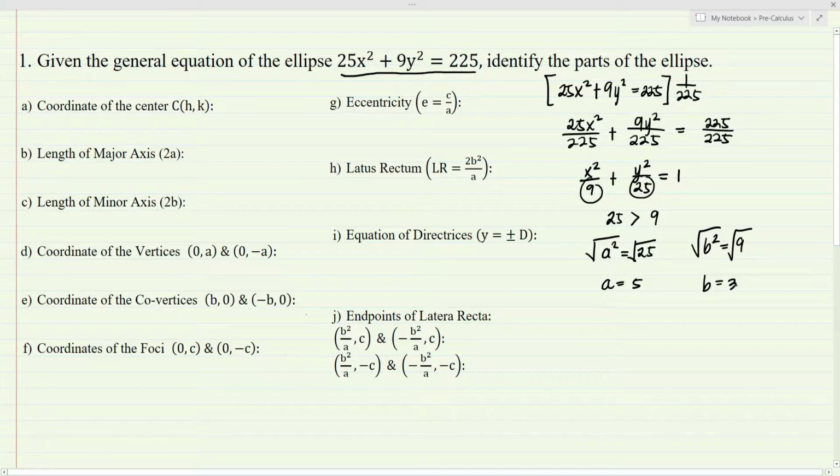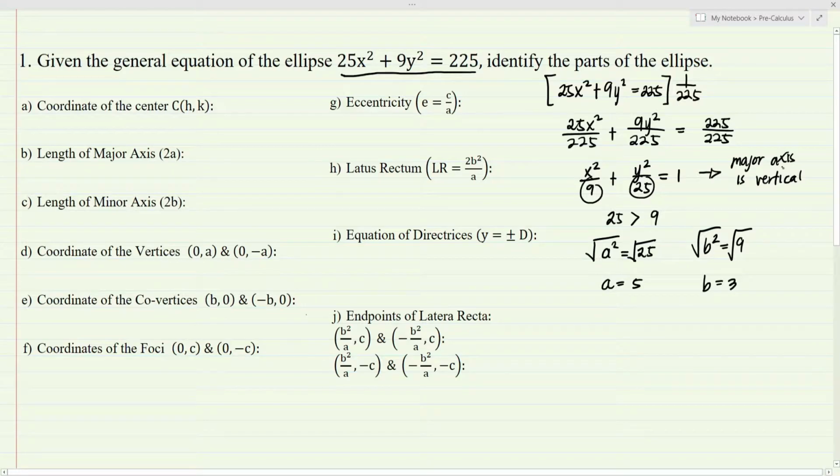So now that we have these two values, the next thing to do here is to identify the orientation of the major axis. And since our a squared is located on the term containing y squared, its major axis is vertical.